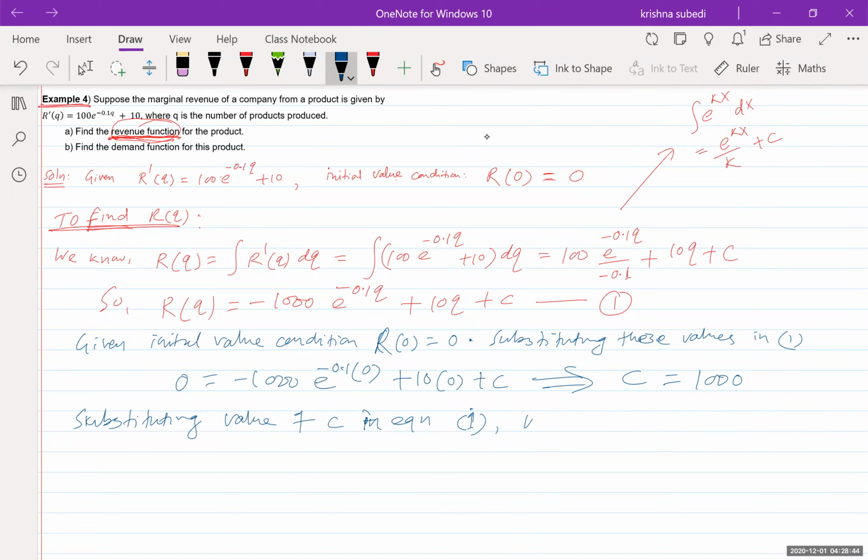In equation 1, our particular solution will be R of Q equals negative 1000 e raised to power negative 0.1 Q plus 10 Q plus 1000. This is our particular solution. Any question, guys, so far?